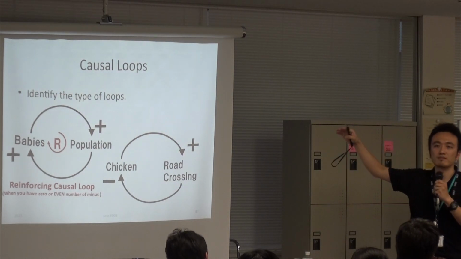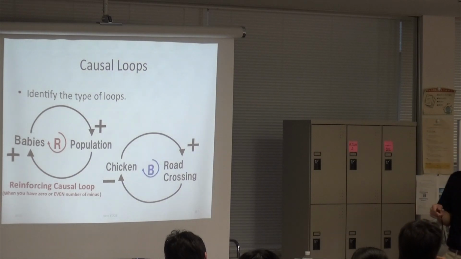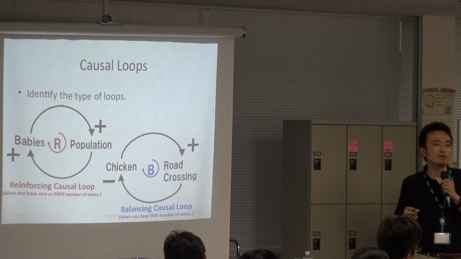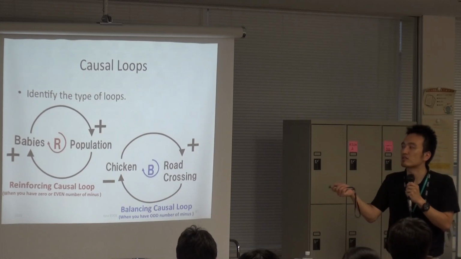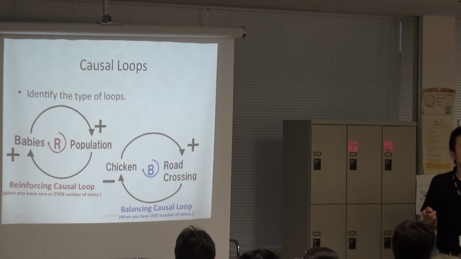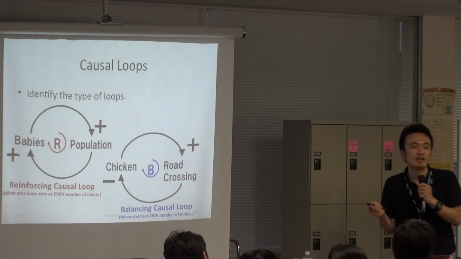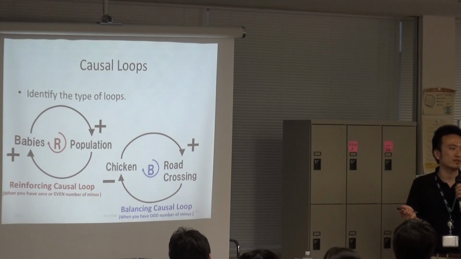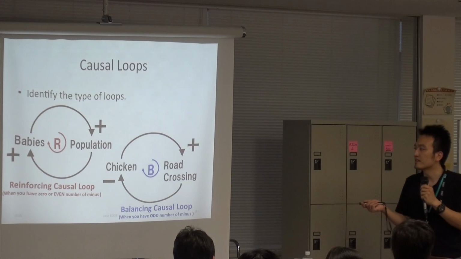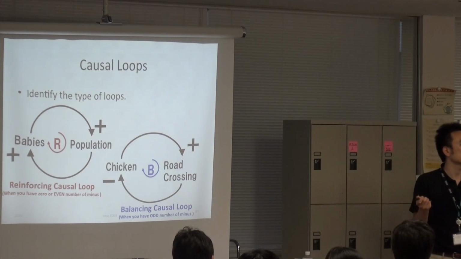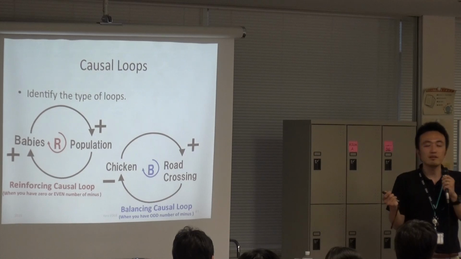It will flatten out. So this is called a balancing loop. It's easy to identify: all you have to do is count the number of minuses. If you have an even number of minuses, it's always a reinforcing causal loop. If it's an odd number, then it's always a balancing causal loop. It's very easy.